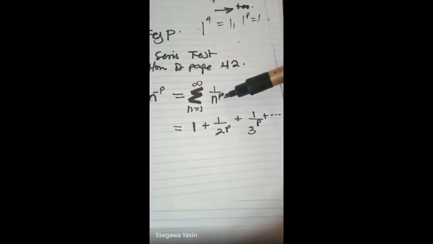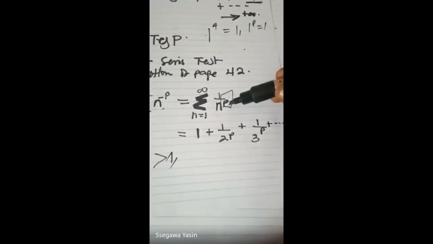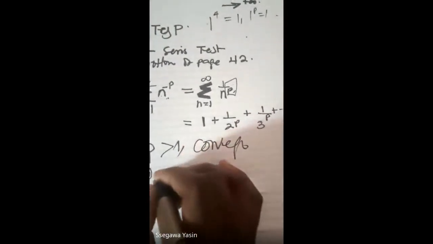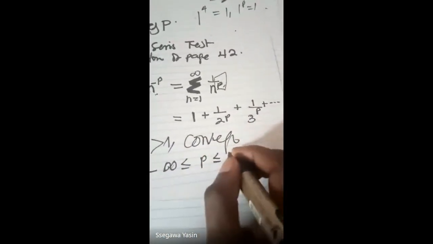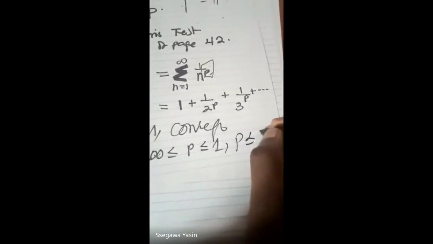And then, what are we saying? You see where p is this value, and I'm going to request you to go with this expression more than this one. When p is greater than 1, then you just say it converges. But if p ranges from negative infinity up to less than or equal to 1, then what do we know about this?